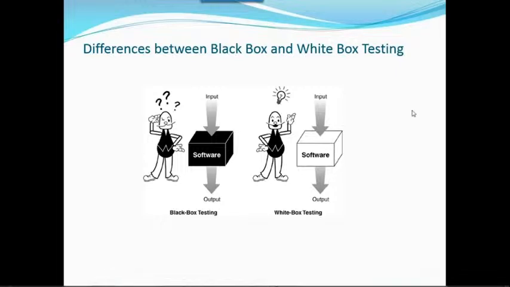We just give the input as per the given requirement, and we check whether the output we are getting is correct or not. That is what we need to do. So that is what black box testers always depend on: requirements and functionality. Is it clear?